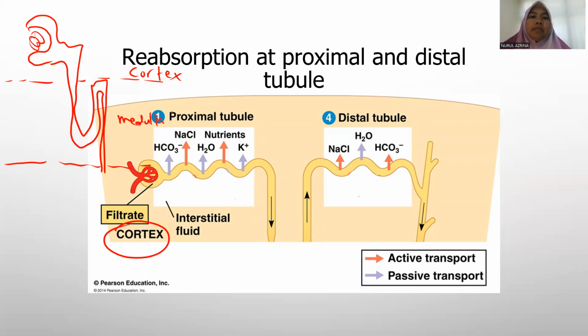I don't want you to get confused about why this one is explaining the cortex. Cortex means this part, the proximal and distal tubules, which sit in the renal cortex, whereas usually the loop of Henle and collecting duct lie within the medulla region.